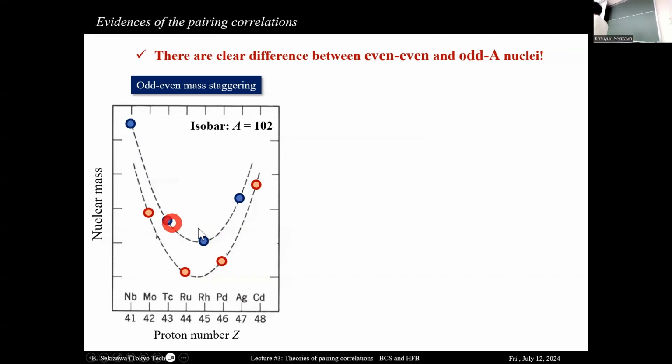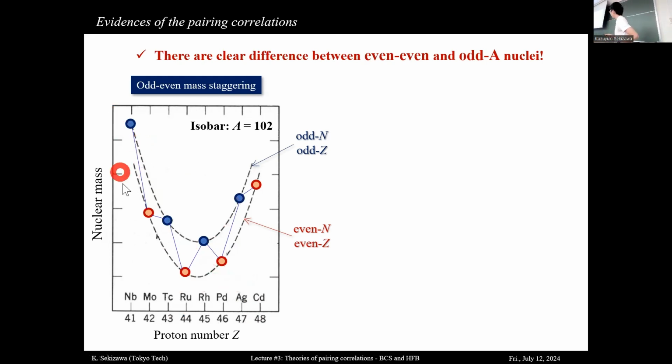You can see clearly two parabolas. The blue circles correspond to odd mass nuclei, and the red circles correspond to even nuclei.